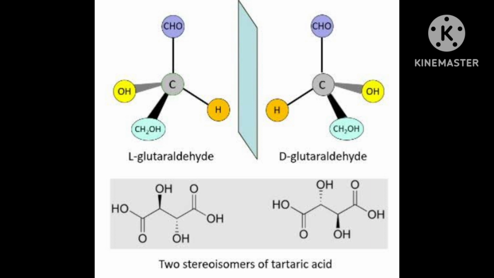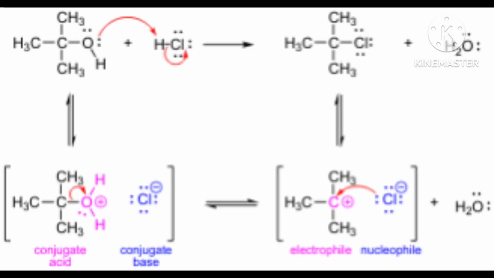That means the electrons from Z are taken by the methyl group, so methyl will be negative and Z will be positive.